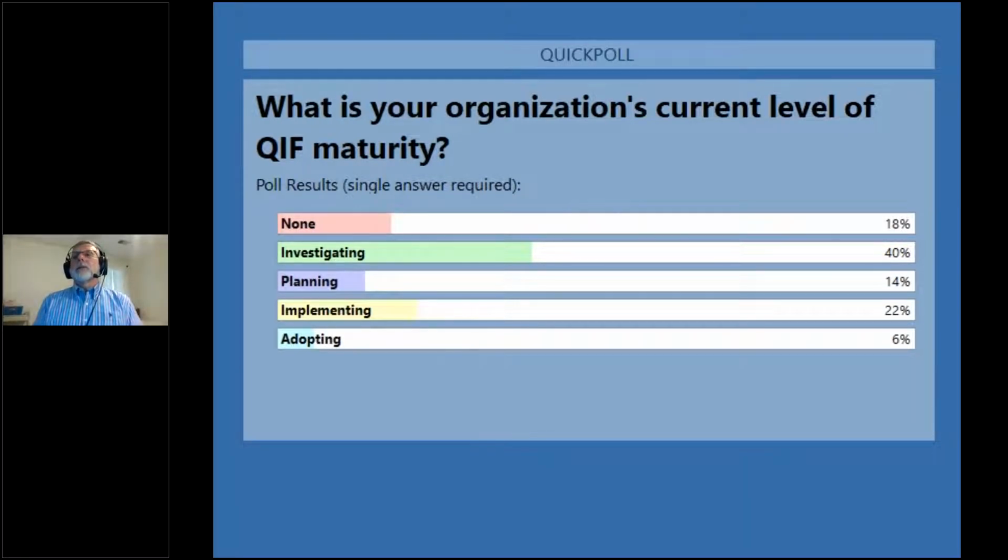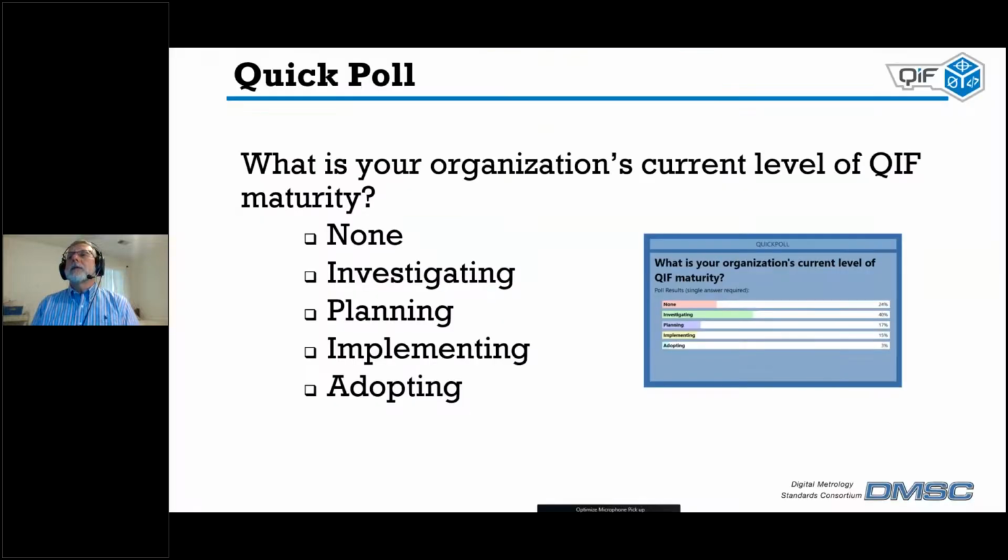Looks like we have 40% investigating and 22% implementing. Last time we actually had 40% investigating and 15% implementing. So we've increased our implementation, and we've increased our adoption levels as well. So it looks like we're making progress. Thank you for participating in that poll.